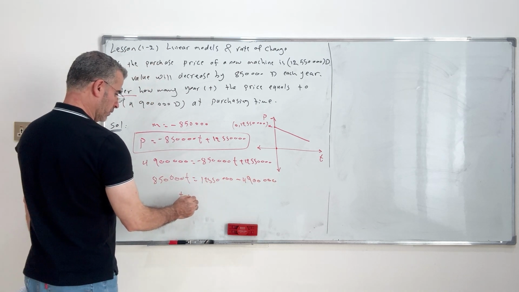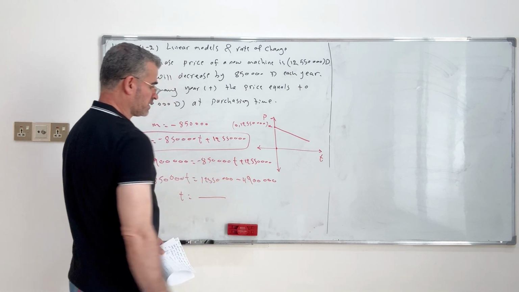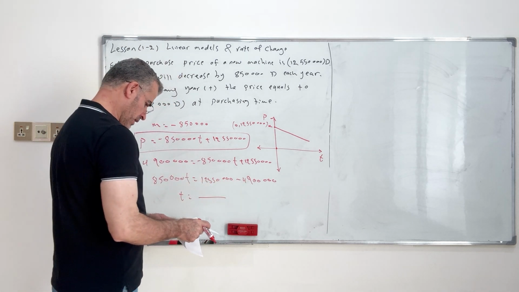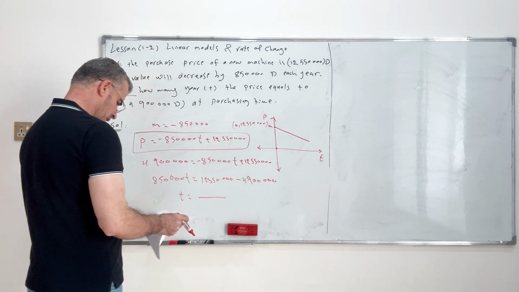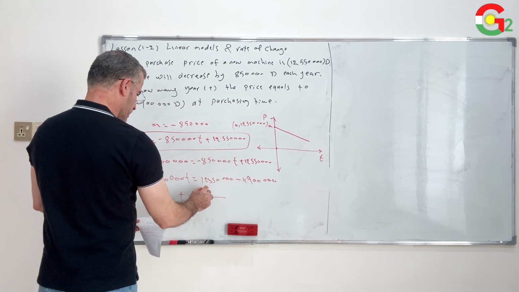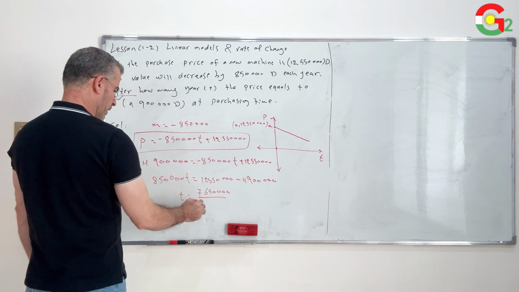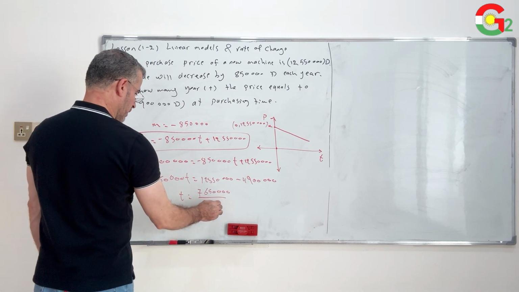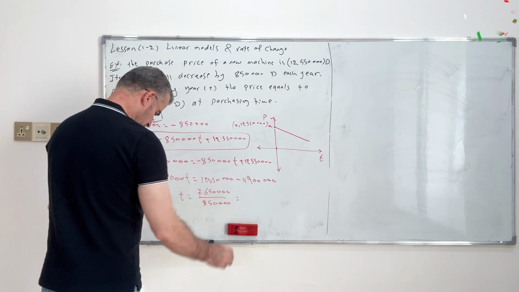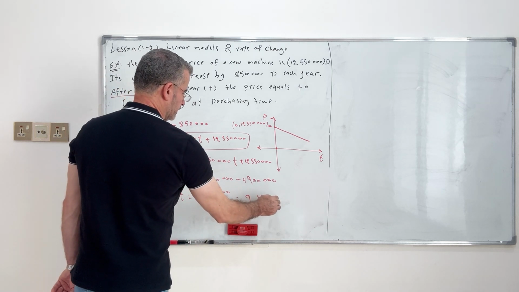Then t equal to 12,550,000 minus 4,900,000, which is 7,650,000, divided by 850,000. The answer is 9 years.